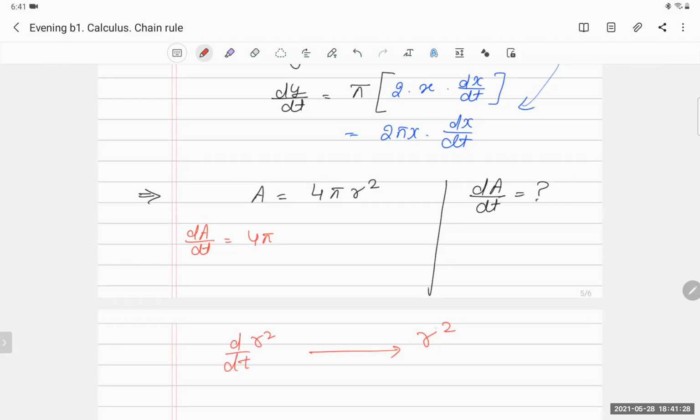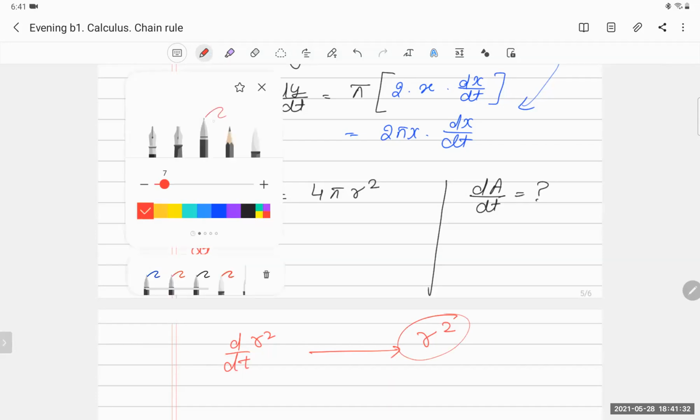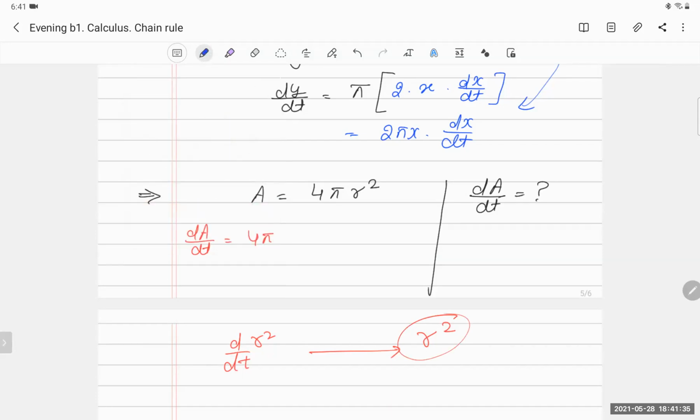So see, what is this function? Square, right? So it is the square of some function. So what will be the differentiation? What is the differentiation of a square? Twice that function. So 2 into that function. Now the square is gone. Remove this square.